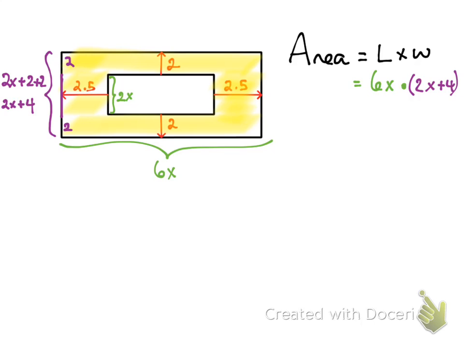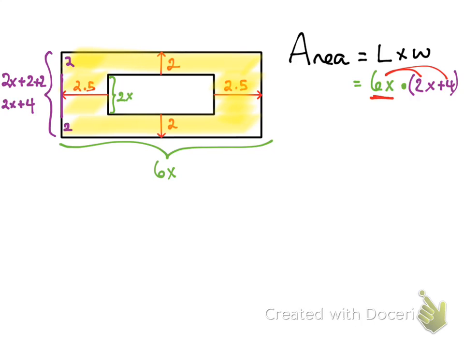Good. Now, to do the multiplication, to find the area, what I'm going to need to do is something called distribution. Whenever I have something multiplying a bracket, that thing gets multiplied to everything inside my bracket. I'm distributing the multiplication to every term inside the bracket.